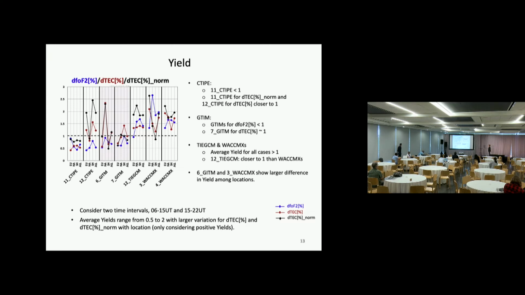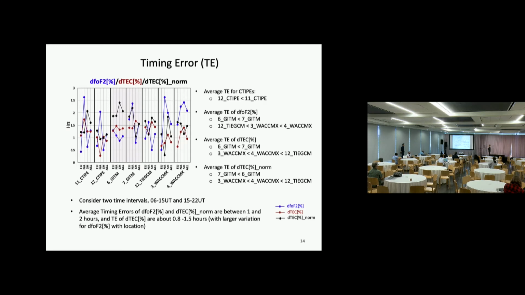And also TIEGCM is closer to 1 than the WACOM-X. Okay, this is timing error, so the smaller value means the model performed better. The new version is better for CTB, and the new version of GTM is also better. And for this FOF2 percent change, TIEGCM is a little bit better than WACOM-X.